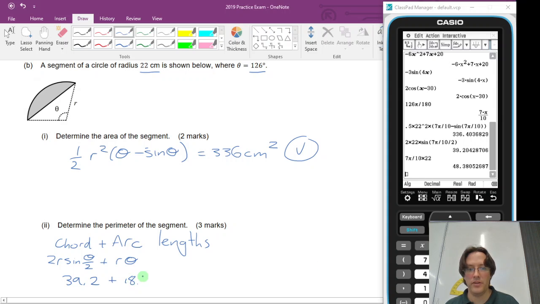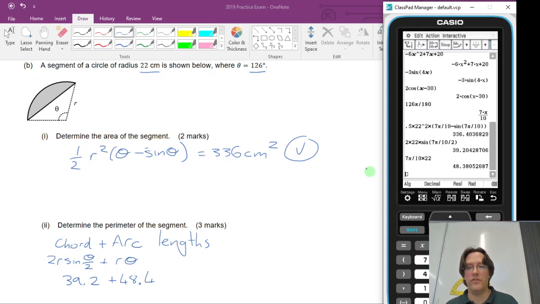plus 48.4. Now, just a little sanity check for us. Have I done the right sort of thing? If I've done the right sort of thing, our length around here should be a little bit longer than the length in there. And the chord length is 39.2, the arc 48.4. Let's see what would have happened if I had not divided by 2 in there. It would have given me 35, so it would have been difficult to tell if I'd done the wrong thing or not, but it's a bit more of a clue that I have.